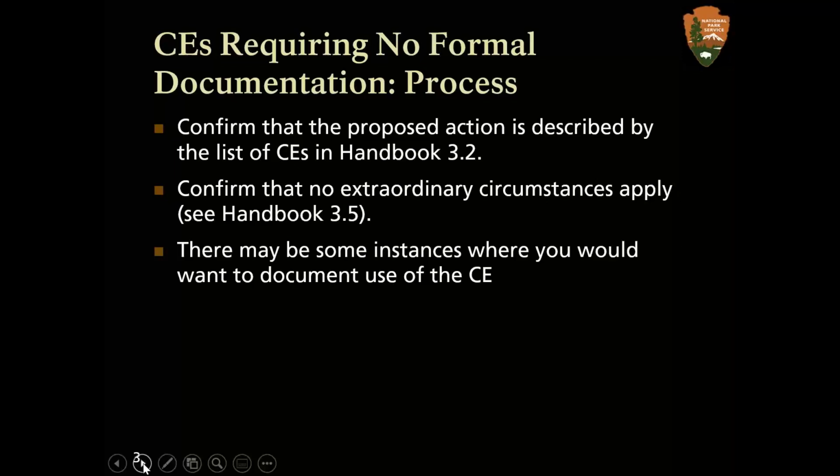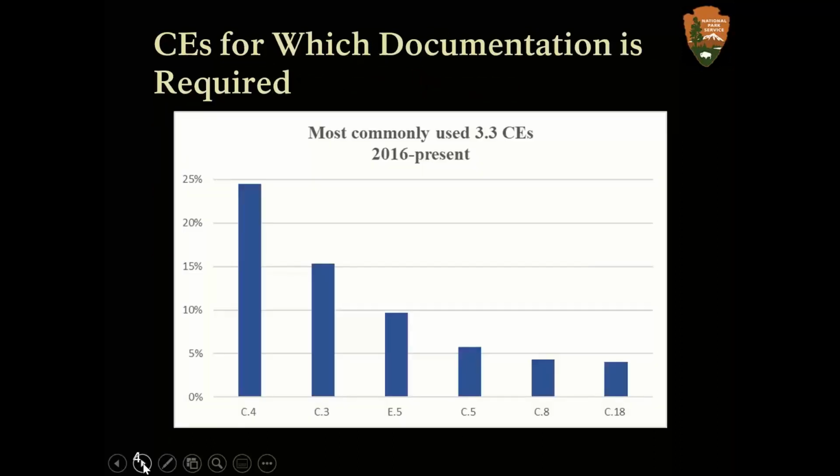Despite consultation, an adverse effect under Section 106 or likely to adversely affect determination under Section 7 may not necessarily trigger extraordinary circumstances or cause significant adverse effects under NEPA. So in some cases, you can still continue to use the CE. If you trigger these laws, you should develop a decision file for the CE and include documentation of how you satisfied these other requirements.